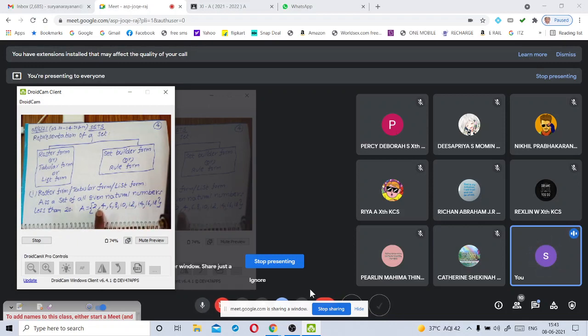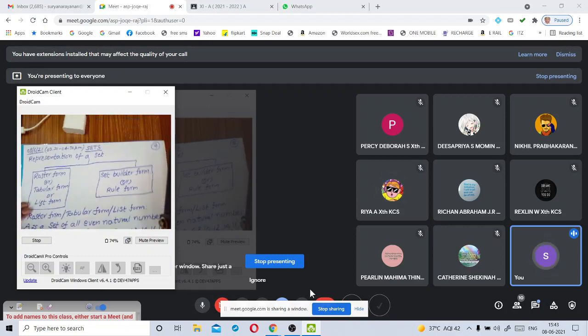We separated all the elements of this set by commas, and we wrote them within these braces. Understood this point, my dear children? Yes, sir.